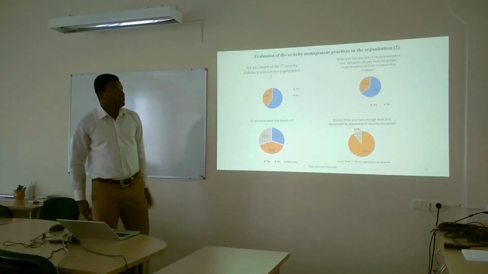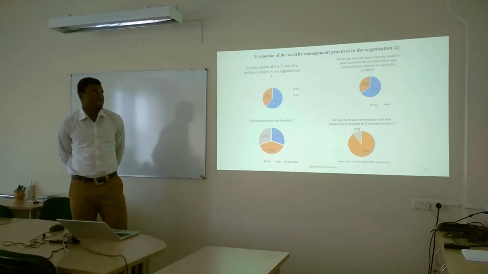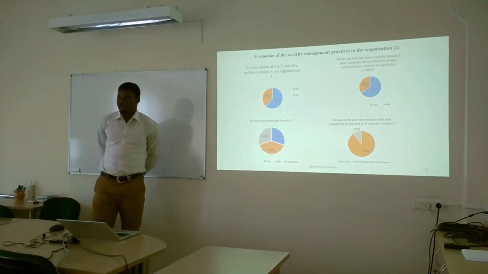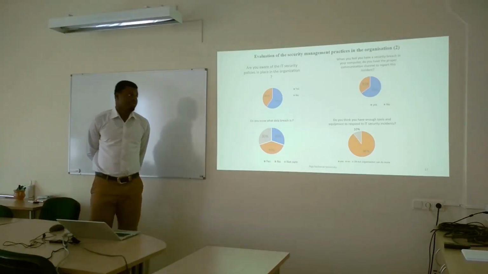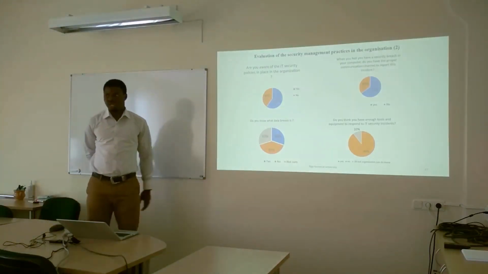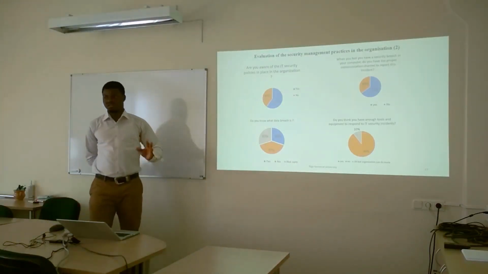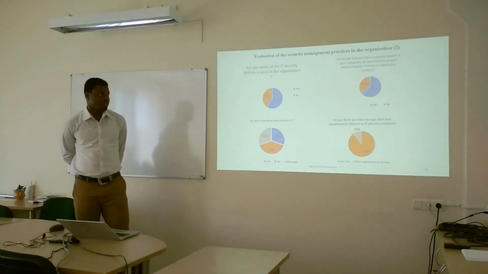Lastly, I asked if they feel secure against data breach on the computers they use, and if they have proper communication to report incidents when they occur. You can see 65% of people said yes, and 35% said no. In my own view, 65% can be considered quite okay, but there's room for improvement and for development of a better process for that.